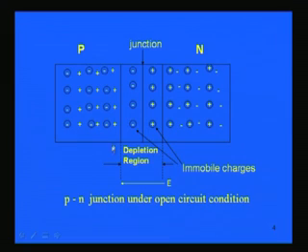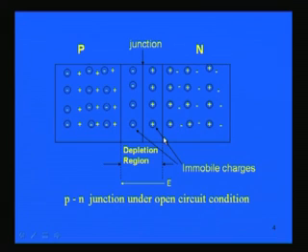So, under open circuit condition, that means we are not connecting this p-n junction to any circuit, it is open circuited, we will now have only immobile charges in the depletion region. These immobile charges form two layers, a negative charge layer on the left side, that means the p side, and a positive charge layer on the right side.